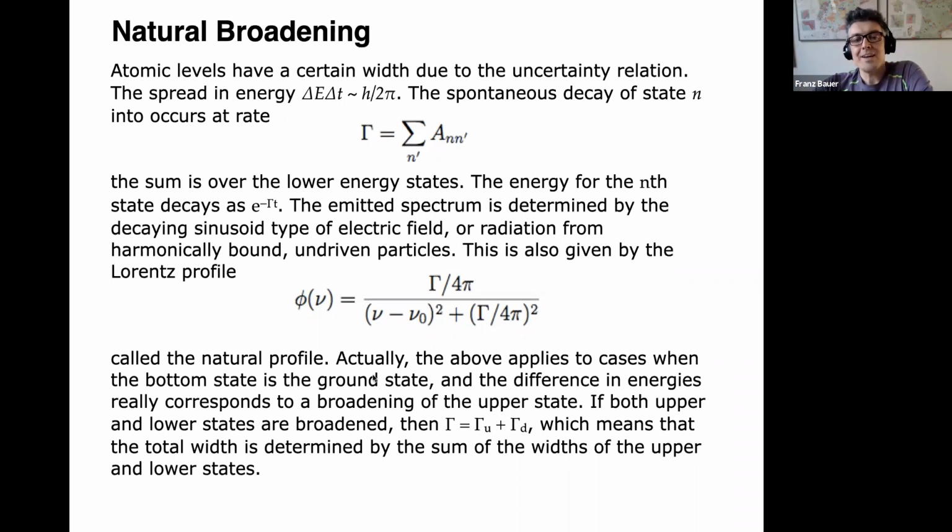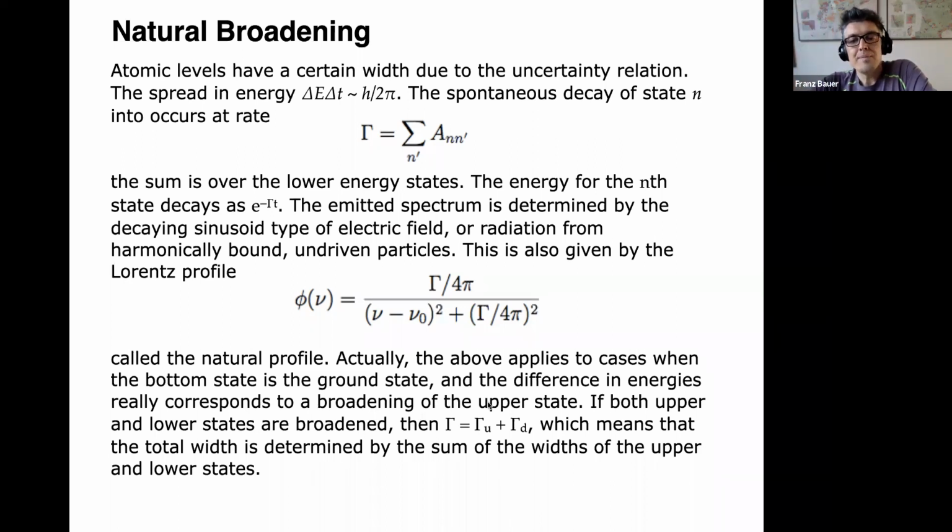You can apply this particular profile into the Einstein equations to understand what probability, for instance, you might have of a photon which is not exactly at the line center, but is offset. There's some probability that that photon will be absorbed and be able to liberate the electron to a higher state, even if it doesn't have quite the right energy, or if it has a little bit too much energy.